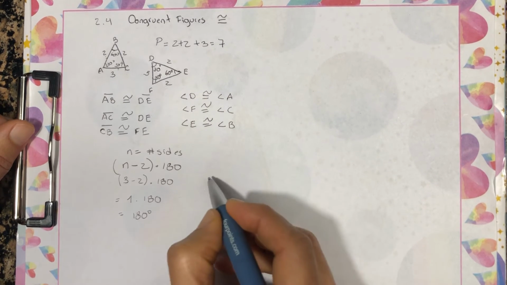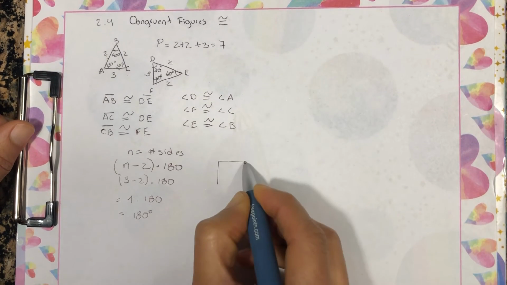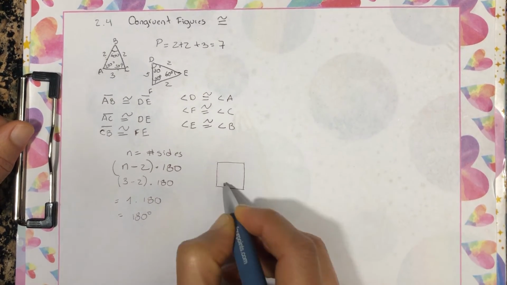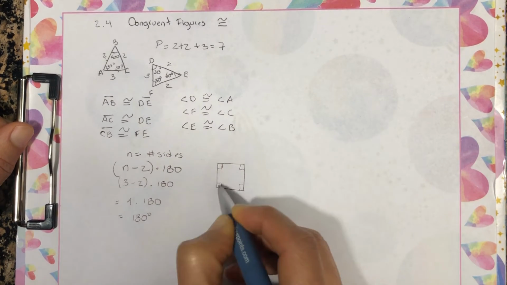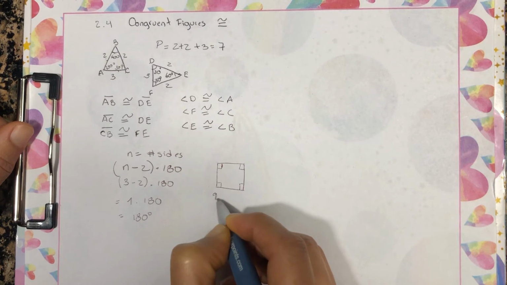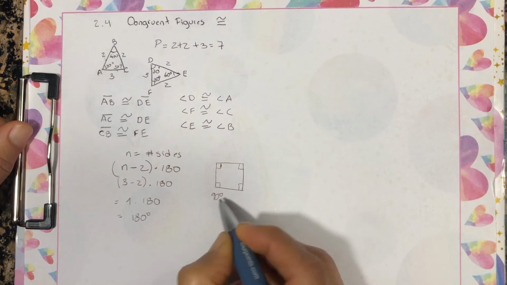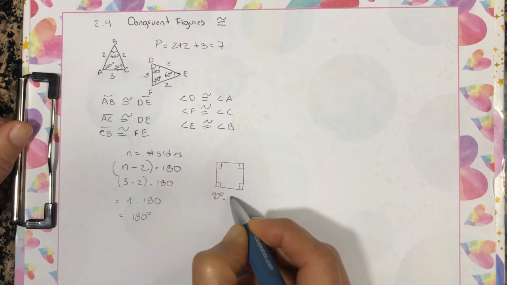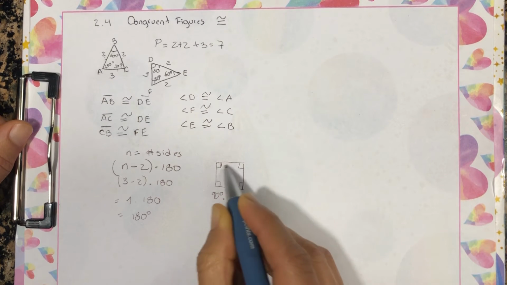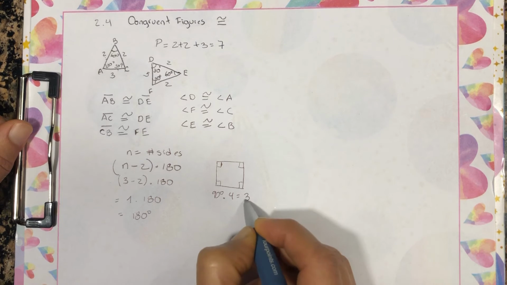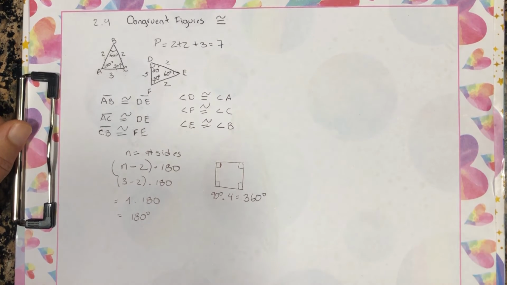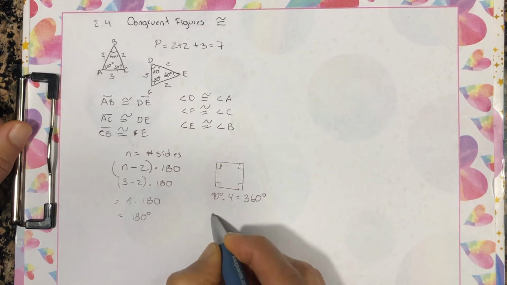If I didn't have a triangle, but I had a square, you know that a square has right angles, and right angles are equal to 90 degrees, right? So just by looking at this, I will know that 90 degrees times 4 is the measure of the internal angles in a square. That was equal to 360 degrees. But you can use the formula.